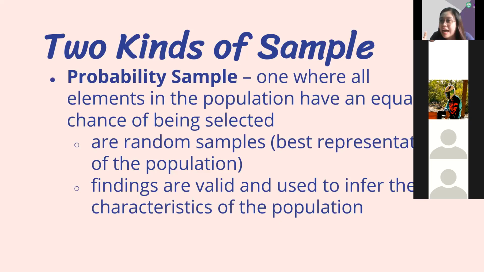They should all have a chance to be selected in your study. For the 540 students in my example earlier, before you select the 240, you have to give everyone an equal chance to be included in the 240. Since it is equal chance, when you say probability sampling, these are actually random samples.